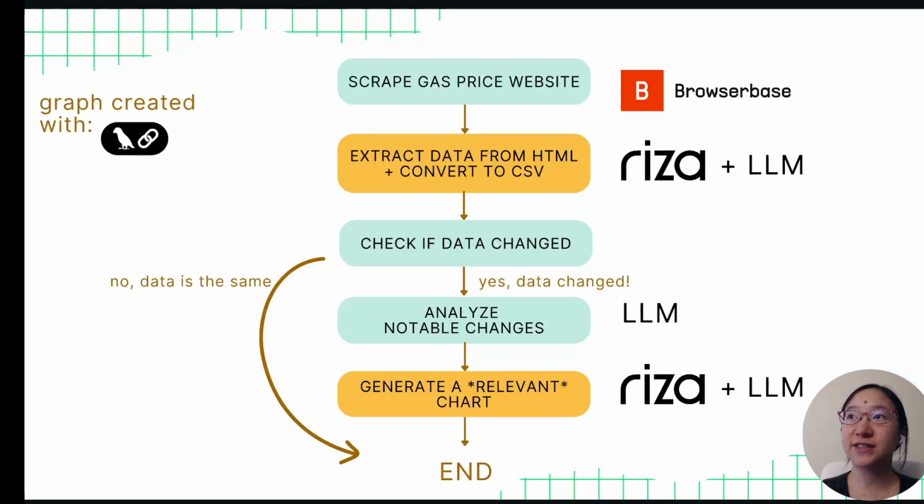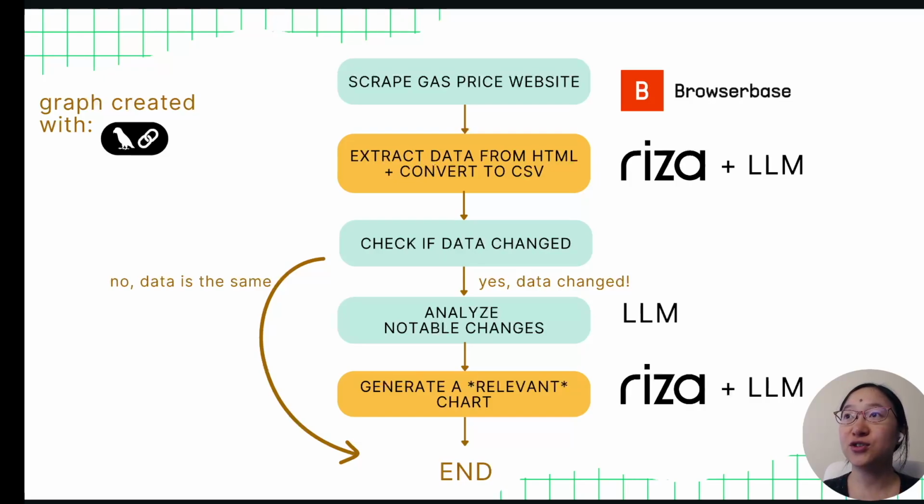So here is the flow of what happens in this AI agent. This whole step-by-step flow is orchestrated using LangGraph. The first step is that we scrape data from that AAA site. Now we use Browserbase here. It's really important.